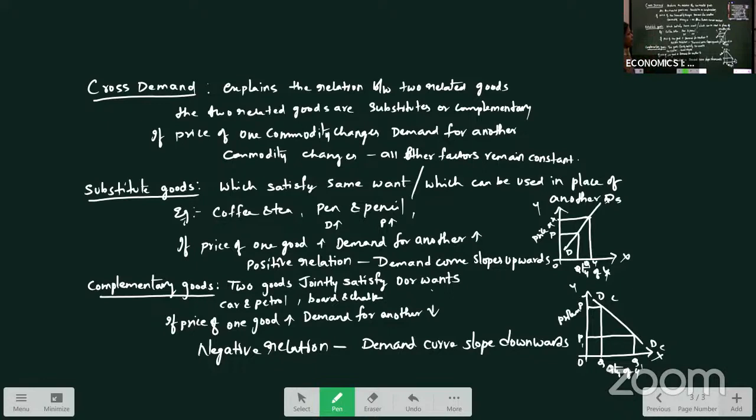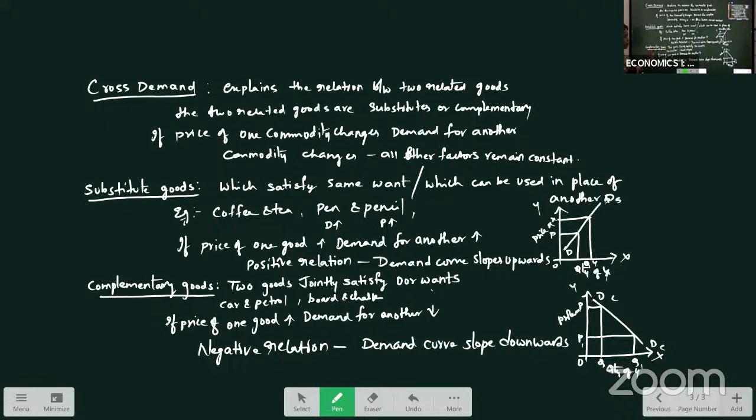Substitute goods. What are substitute goods? Goods which we use in place of another, or which we use to satisfy the same want, either this or that. In this case, if the price of one good increases, demand for another good also increases. So there is a positive relation. When there is a positive relation, the demand curve slopes upwards.